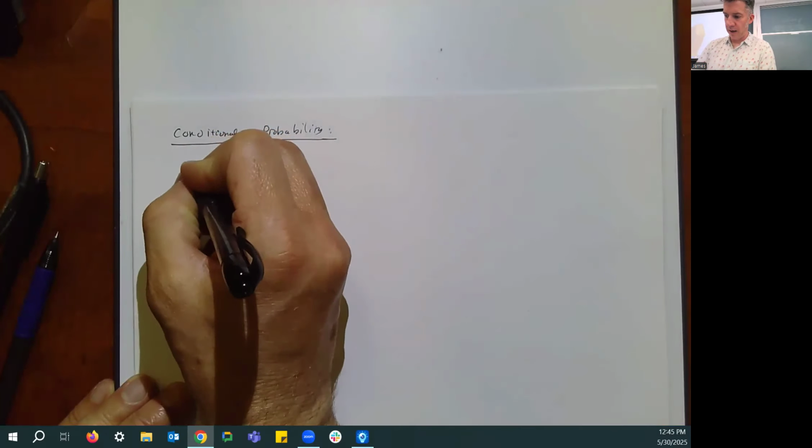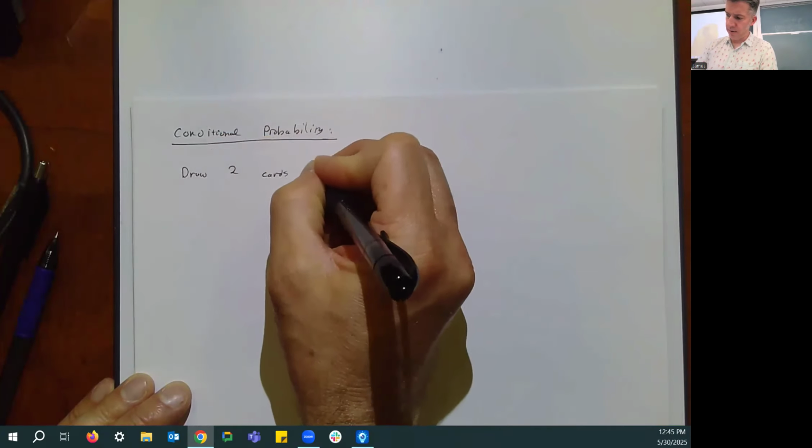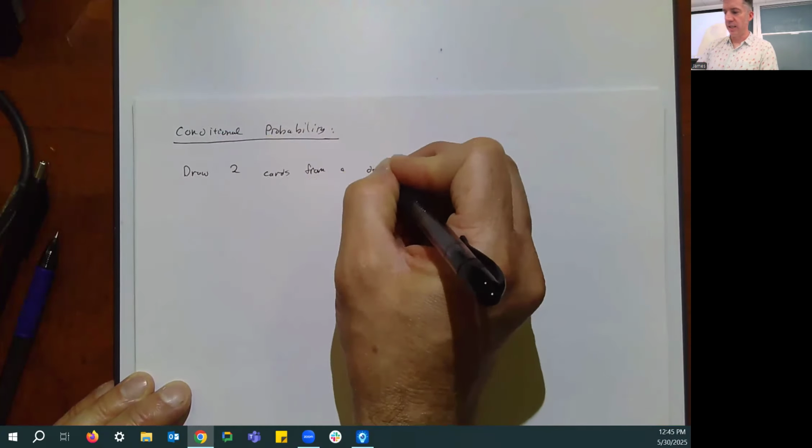So let's look at some examples. Yeah, let's look at this example. We're going to draw two cards from a deck. I know, still cards. Cards are easy examples to come up with.